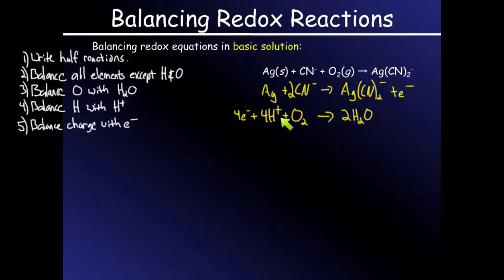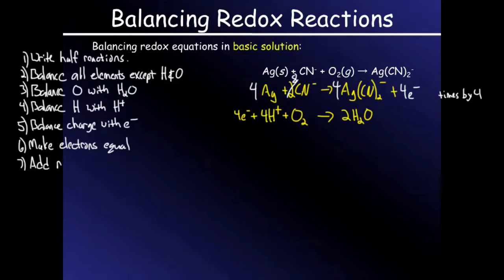And then down here we had 4 plus, and then nothing, so we needed a 4 minus over here with 4 electrons. Next step is to make the electrons equal for both of the half reactions. We have 4, we have 1, so we need to multiply that first reaction by 4, which will change the coefficients.